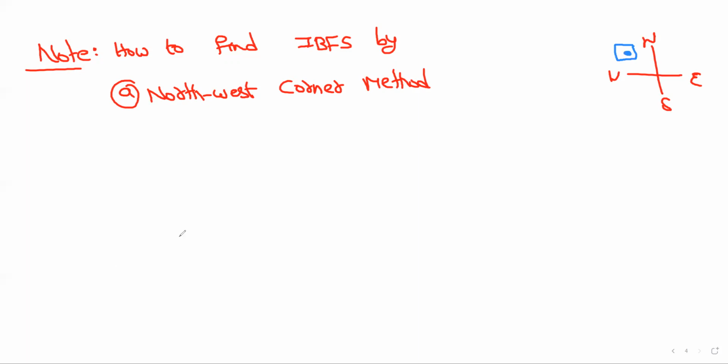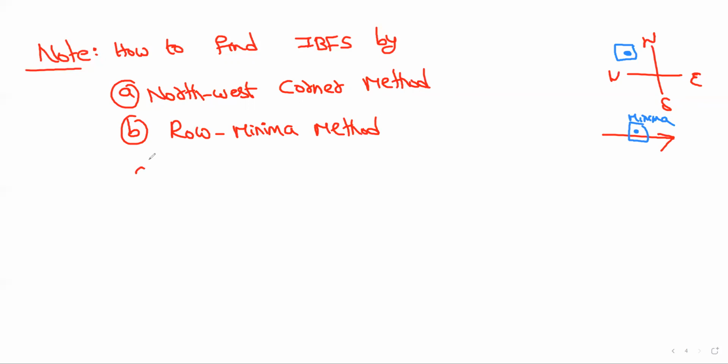Next, second one is row minima method. Row minimum method means in row wise we have to select the minimum element. Next, third one is column minimum method. In the column, left hand side column will be there.